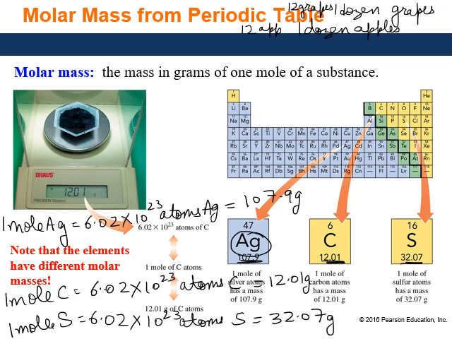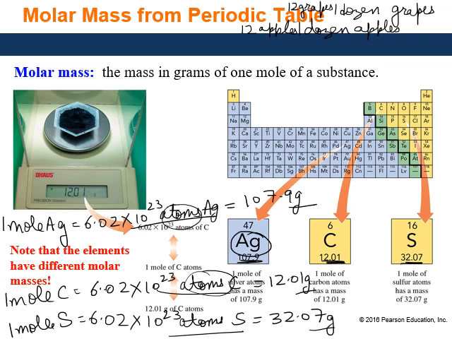Apples will weigh more than the grapes. Even though you have the same number, they have different grams, different mass. Why? Because each grape weighs different from each apple. That's exactly what this is. When you have 1 mole of all of these, they have the same number of atoms, but they have different grams because each atom here weighs different. So make sure you understand this difference.